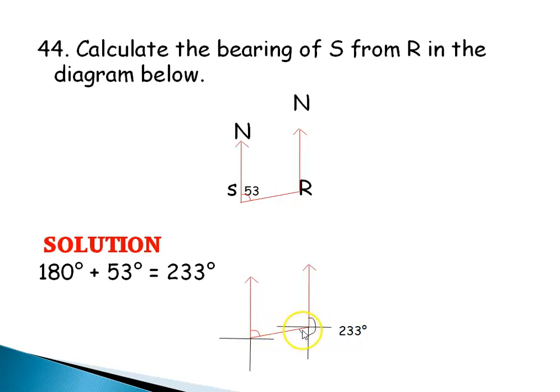That's alternate angle. So if this is 53, here to here will be 180, and that will give us 180 degrees plus 53. So 180 plus 53 degrees, 233 degrees is the bearing of x from R. Is that taken? Very good.